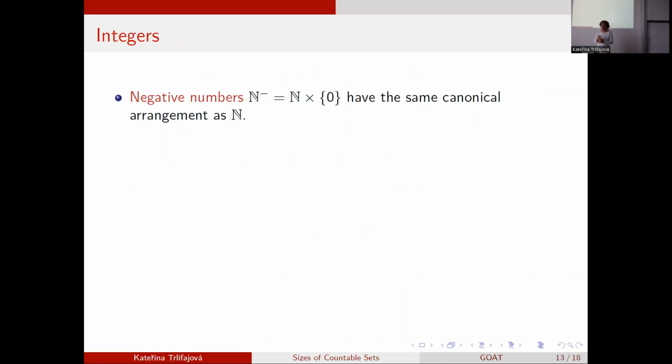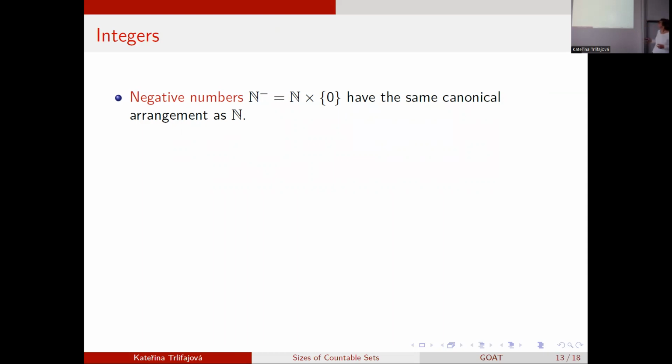Now, what about other number structures? What about integers? Of course, negative numbers have the same determining ground according to Bolzano, or the same canonical arrangement as natural numbers, because they can be expressed like this, for instance.